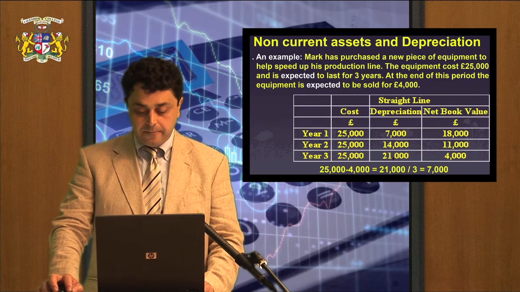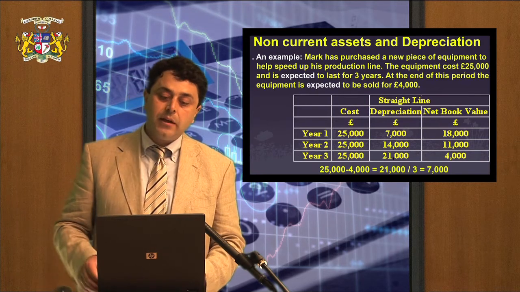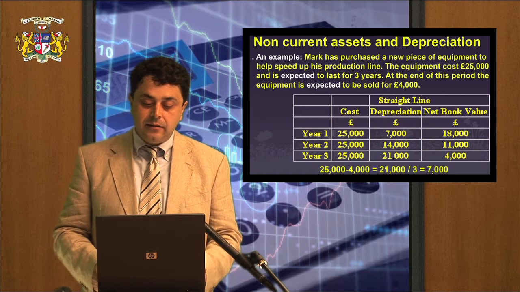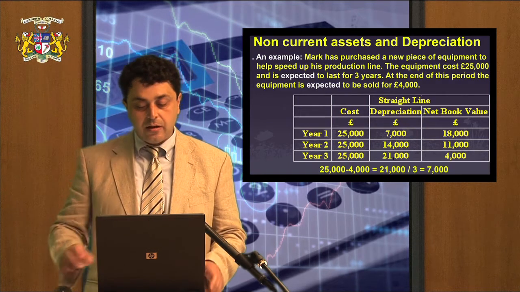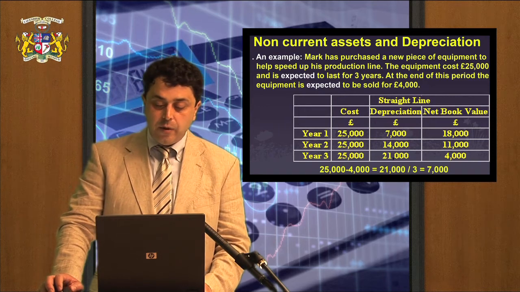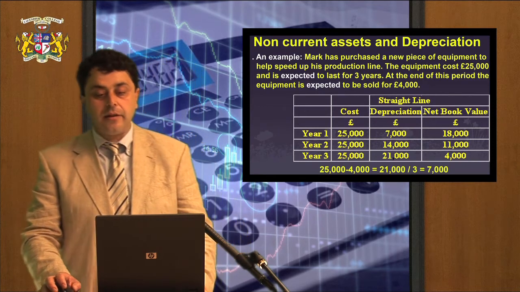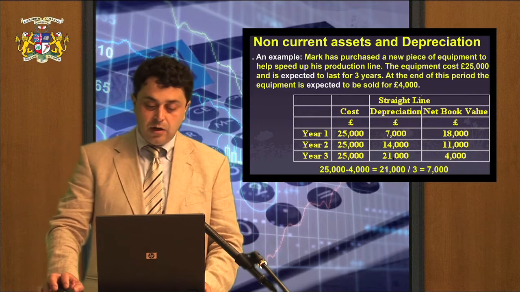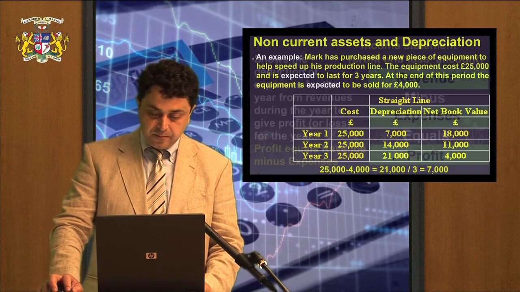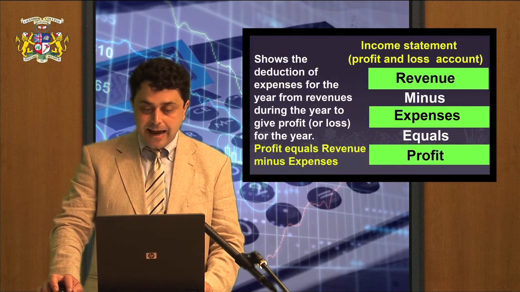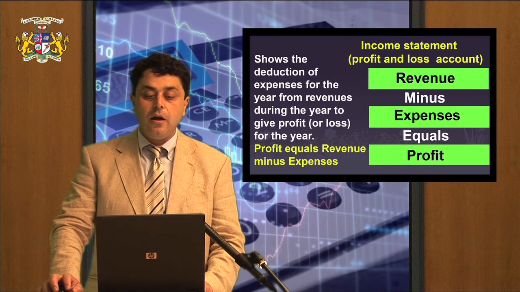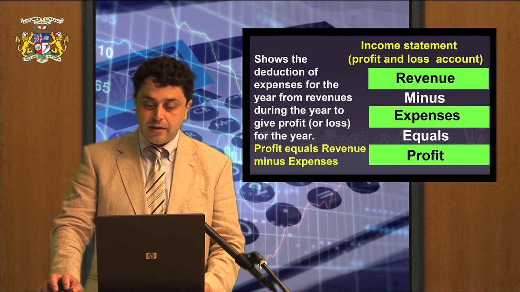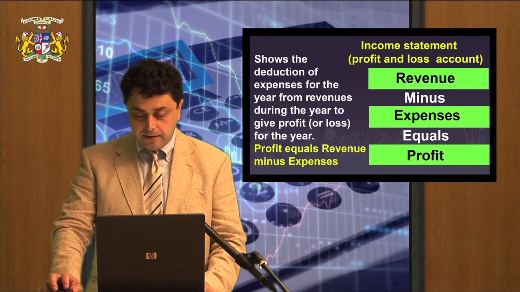So now, having explained the nature of assets, liabilities, and capital, which are the main parts of the balance sheet, we are now going to talk about the other major statement, which is the income statement. This is a statement that shows the deduction of expenses for the year from revenues during the year to give a profit or loss for the year.